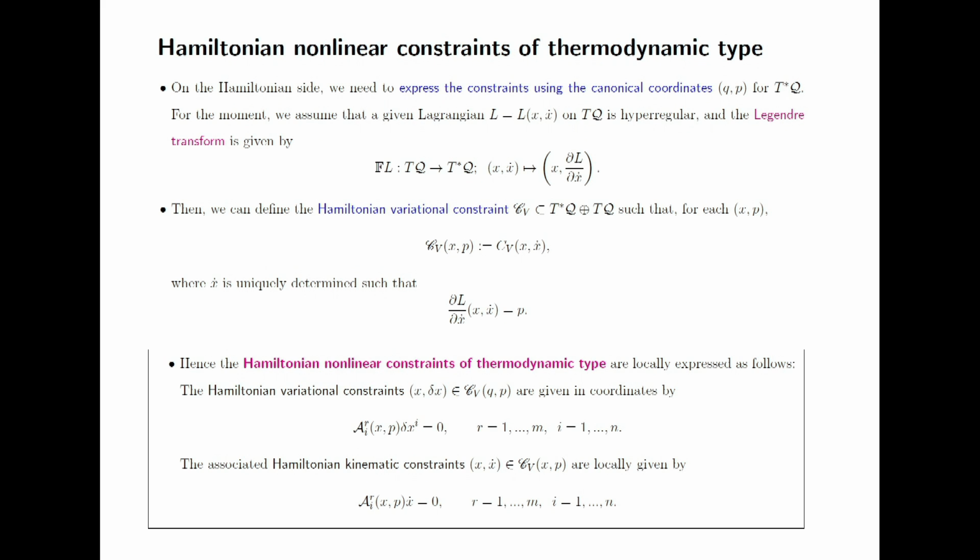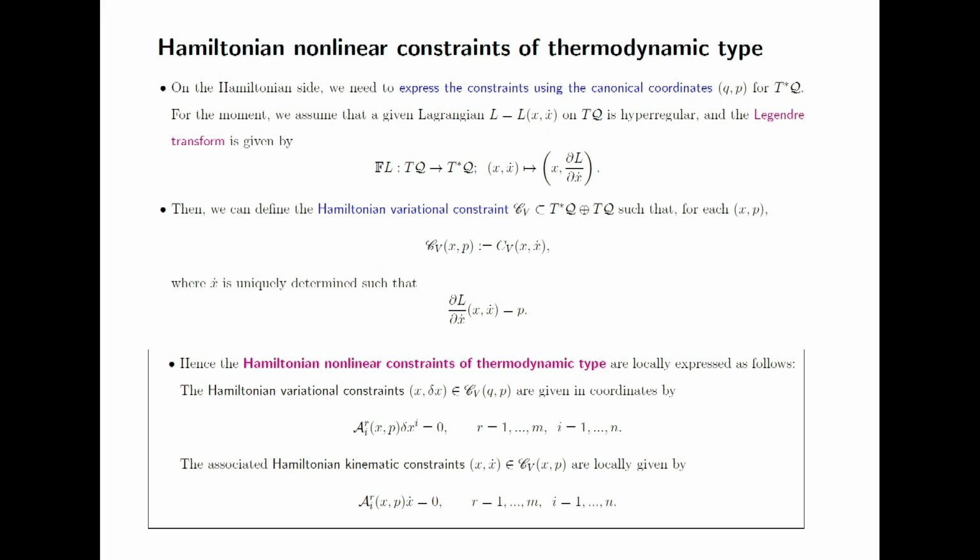So how to get into the Hamiltonian? First of all, just consider the case in which the Lagrangian is hyperregular on phase space, and so we just consider the Legendre transform, and then the Hamiltonian variational constraint is given like this: CB of x and p is equal to CB of x dot, such that x dot is uniquely determined by this.